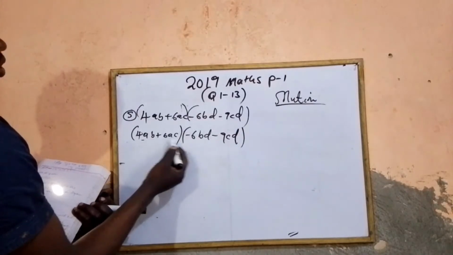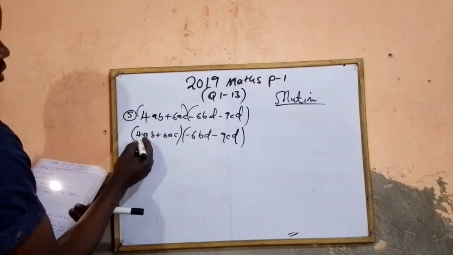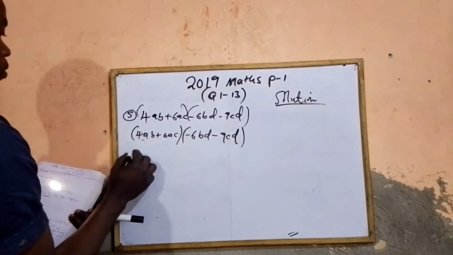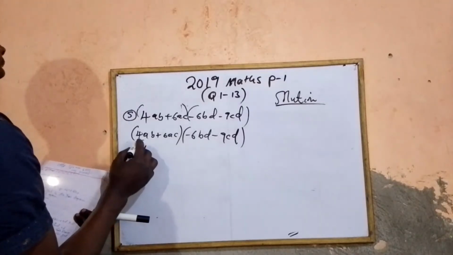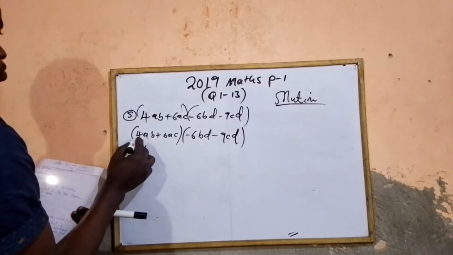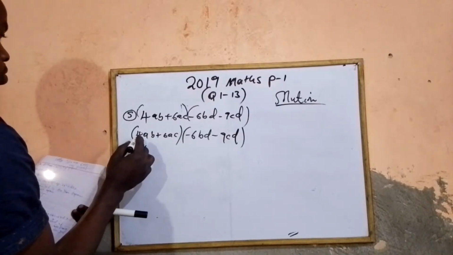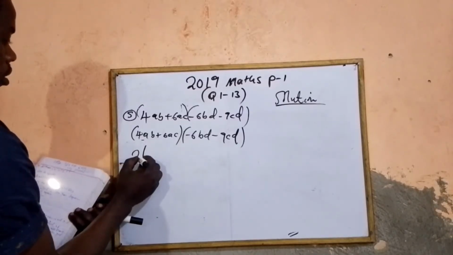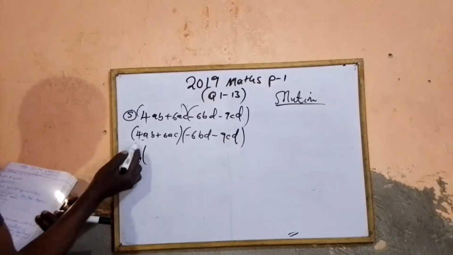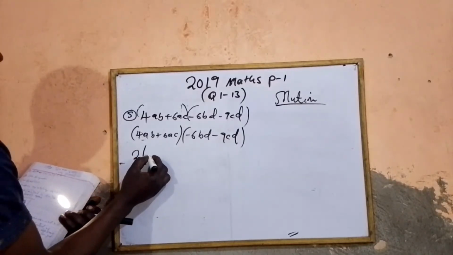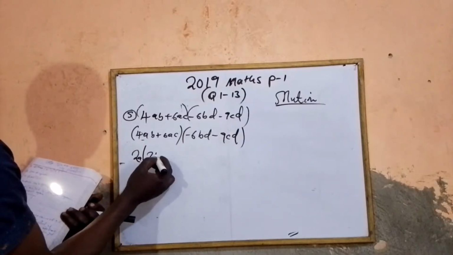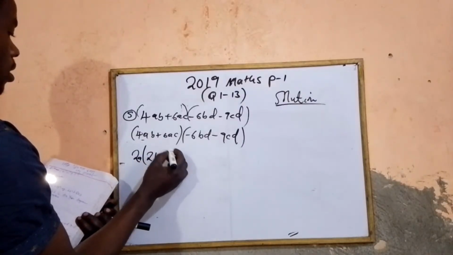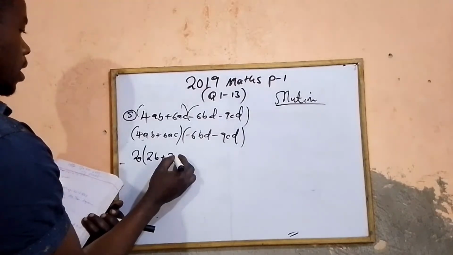Okay, so what terms are similar here? If you can see, 2 can go into 4 and 6, and we have a and a here. So 2 is common, so we're going to say 2 outside, then open bracket. 2a into 4ab, you are going to remain with 2b. Then plus, 2a into 6ac, you are going to have 3c.